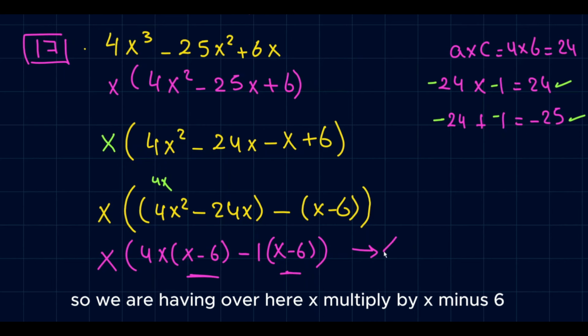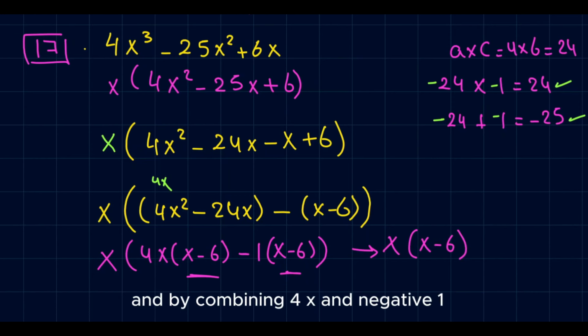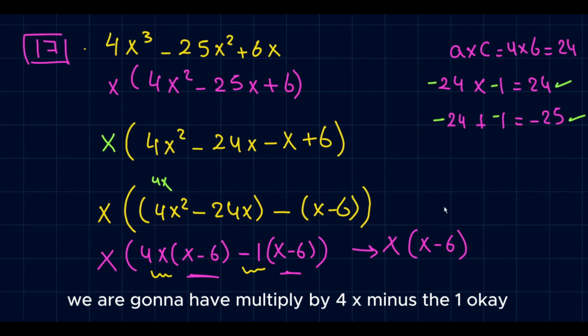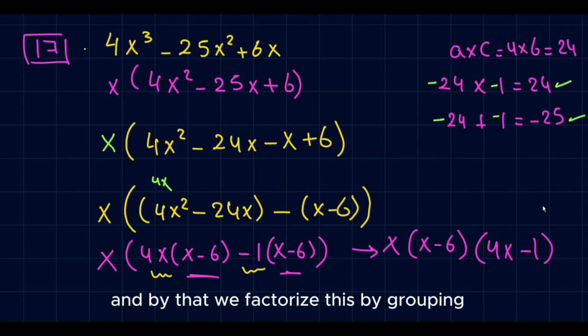Okay, so we are having over here x multiplied by x minus 6, and by combining 4x and negative 1, we are gonna have multiply by 4x minus 1. Okay, and by that we factorize this by grouping.